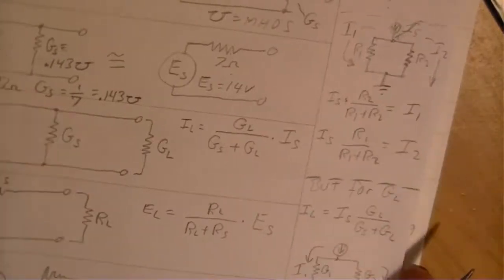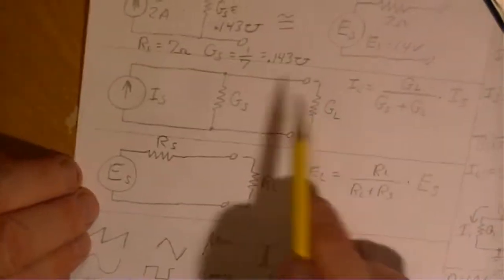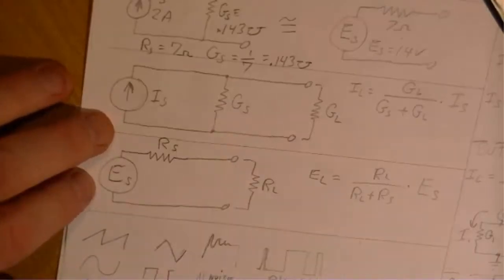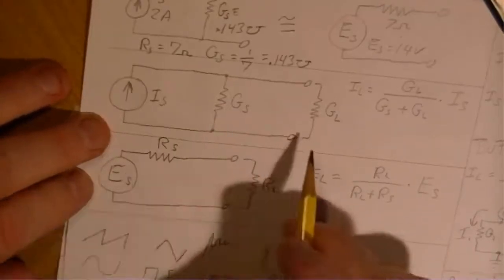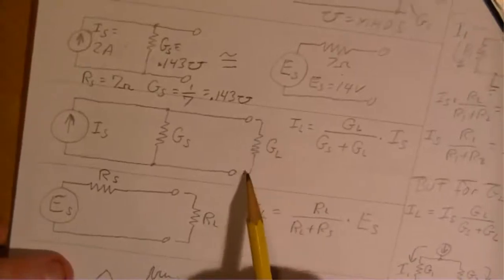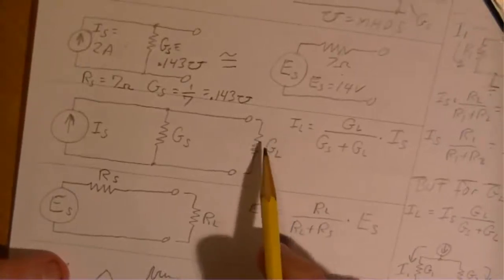Now, why am I saying all that? Well, because when you have a situation like this, here's a current source, and like all power supplies or all current sources, they all have loads. You have to have a load, and you have to be able to account for that load. So in order to account for the load, you have to determine the output voltage or the current through the load resistance.